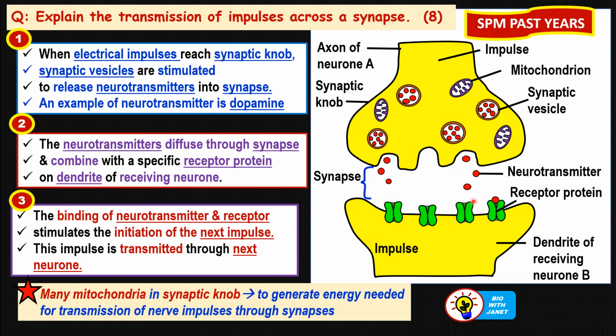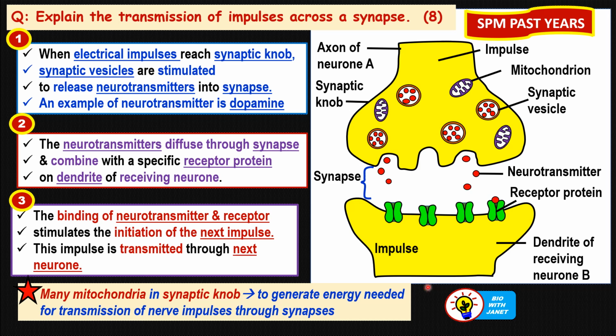Number 3, the neurotransmitter will then bind to the receptor protein. And this will stimulate the initiation of the next impulse. That means it will stimulate the production of a new electrical impulse. Then this impulse is transmitted through this next neuron here.